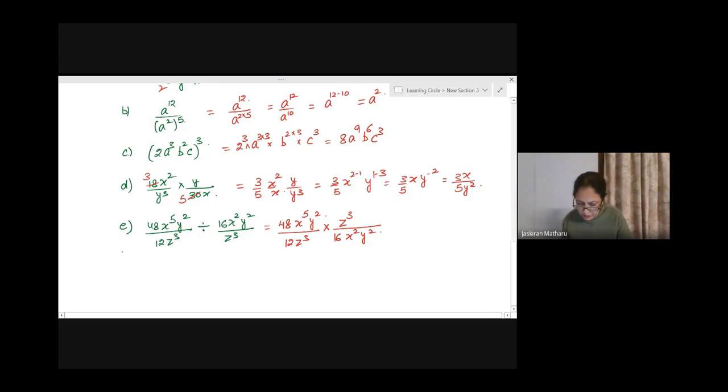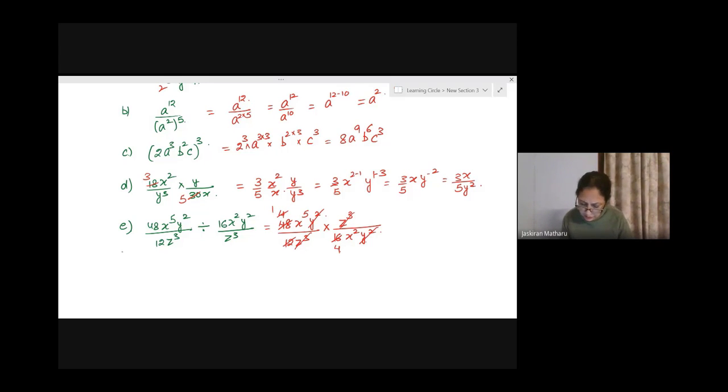So again we can cancel the quantities. So z cube and z cube, we can say that straight away they get cancelled. Then we have 12 4s are 48, and 4 1s are 4, 4 4s are 16, and y square will also get cancelled.